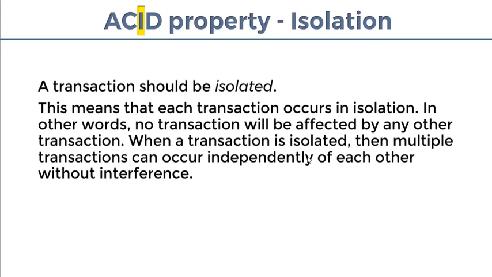Then the transaction gets committed, right? And only after it gets committed does the second customer's transaction go forward. Therefore, the second customer is limited to buying only up to 2 units of the product, as that is what is left in stock after the first customer's transaction. That isolation property ensures that both these transactions occur independently, right? And the second customer's transaction is only completed after the first customer's transaction is completed. So this ensures that we don't end up selling more units, right?